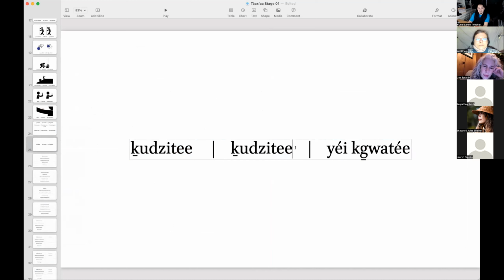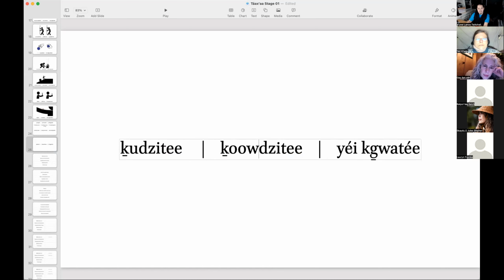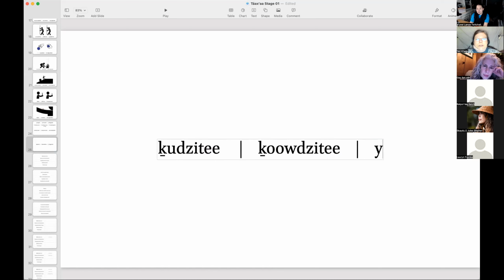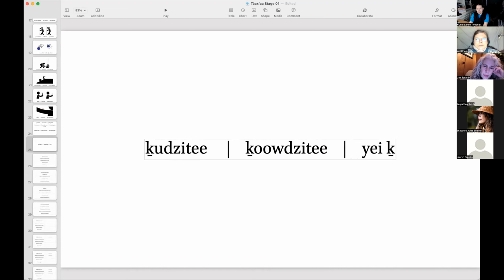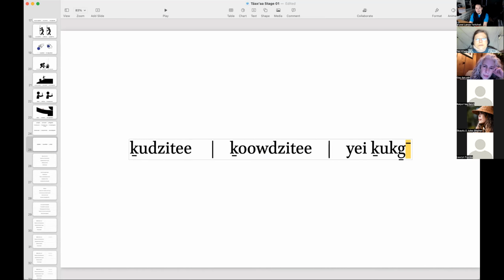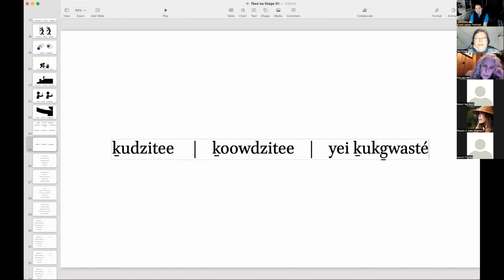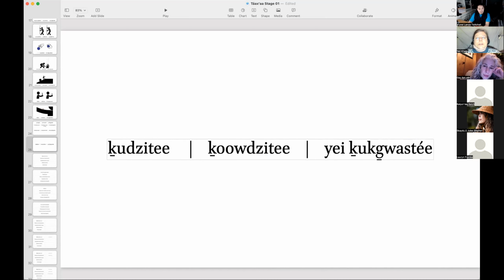And then here, it's going to go low tone because of the conjugation. And then you're going to get kusti. It will exist. Exists, born, will exist.